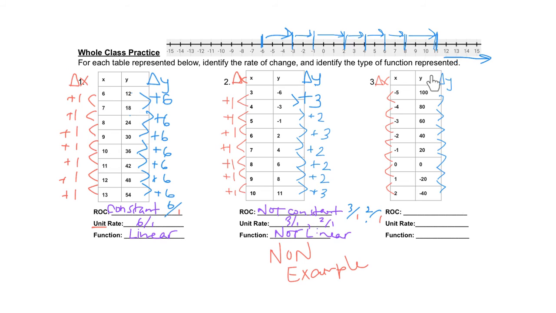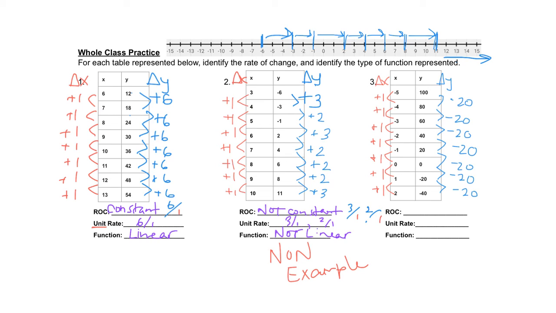For our last example here, I want you to do the change in x and the change in y like we just did. So you can see in our last example, the change in x is increasing by 1, and the change in y is decreasing. These values are getting smaller, so that's why I have a subtract right here.